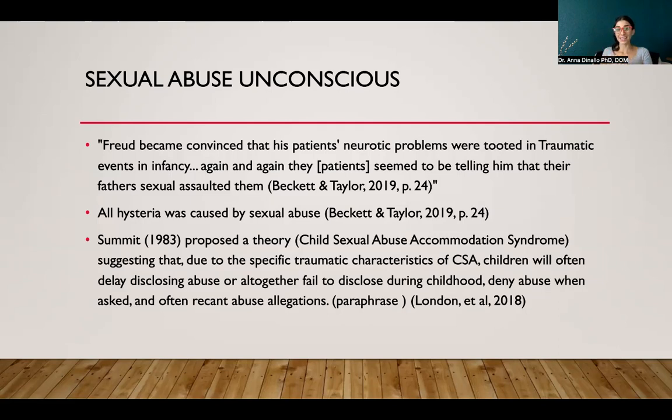Other symptoms can be nightmares that we can't place, or just not feeling safe in the world, or needing high levels of control. So children often deny that sexual abuse happened as a defense mechanism.